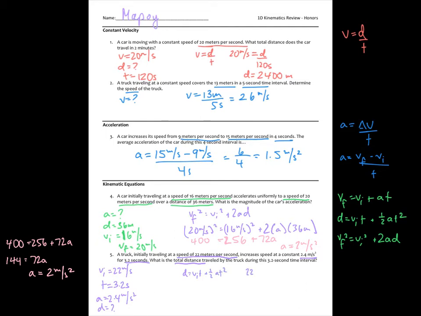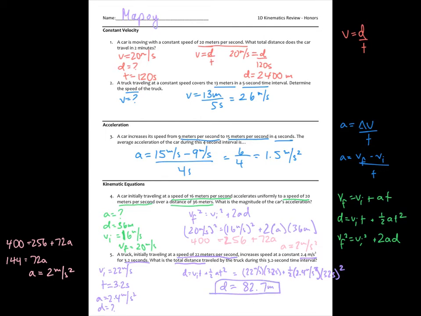So we have 22 meters per second times 3.2 seconds plus 1/2 times 2.4 meters per second squared times 3.2 seconds squared. Alright. So you plug and chug and you solve, so you should get your distance. 82.7 meters is your answer.